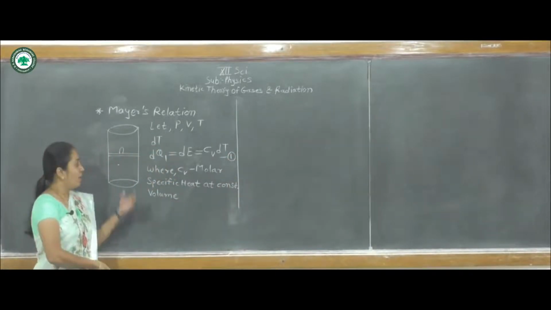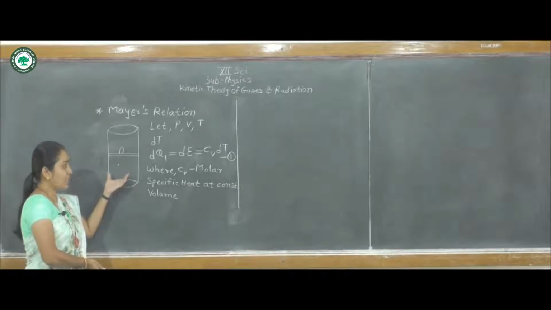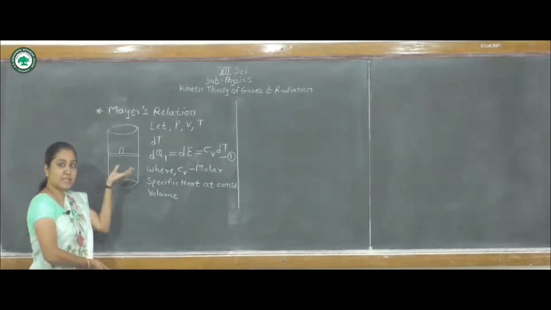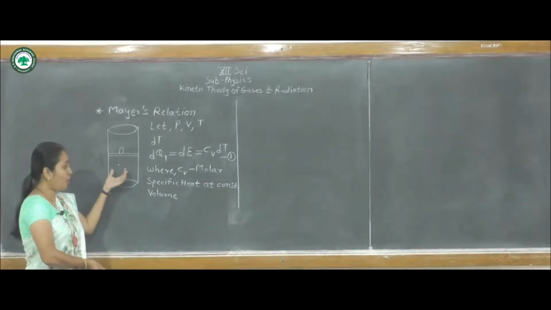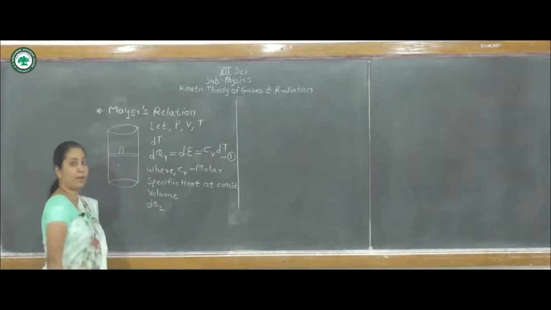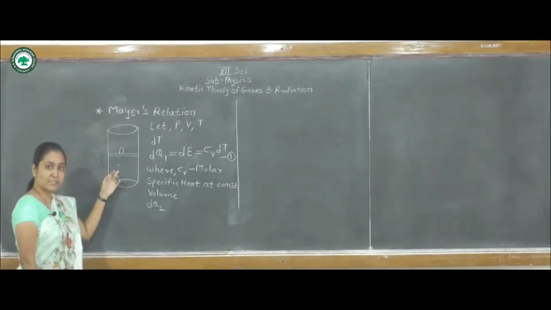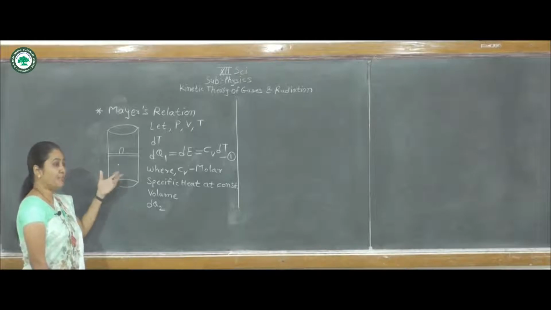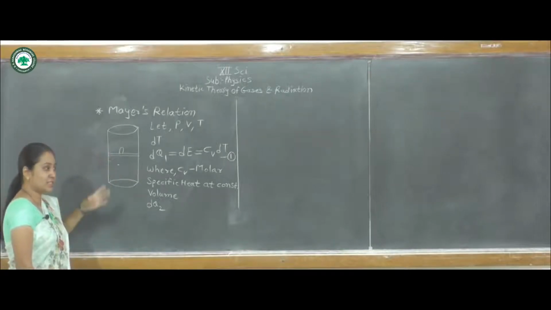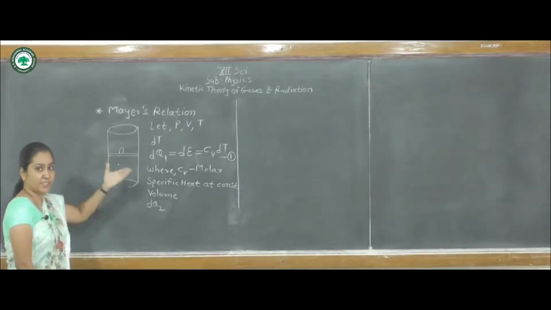Now again, if we heat the same gas, but in this case the pressure remains constant, that means at constant pressure this gas is heated, so the amount of heat provided to this gas, that is dQ2, is used to increase the internal energy of the gas and the work done by the gas. The pressure remains constant, so the volume of the gas changes, the piston moves, and the volume increases.